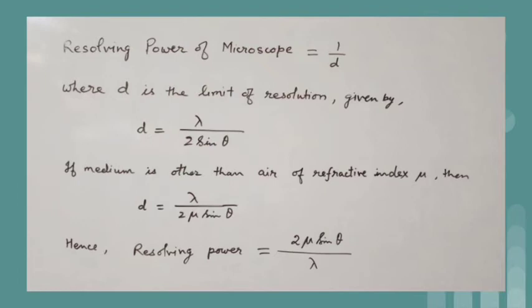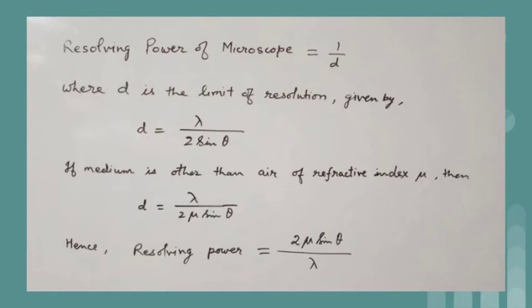If the medium between the object and the objective of the microscope is other than air, having refractive index μ, then d = λ/(2μ sin θ), and hence resolving power is equal to 2μ sin θ/λ. μ sin θ is called the numerical aperture of the objective of the microscope.